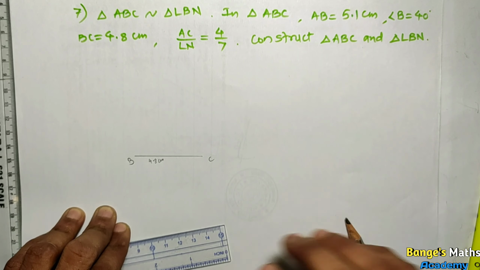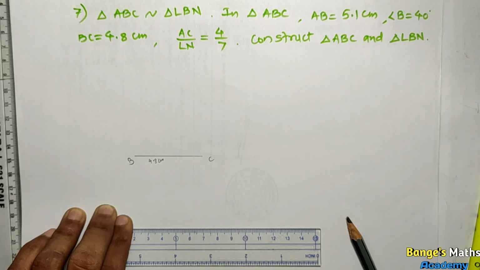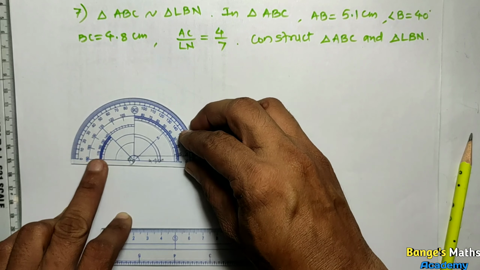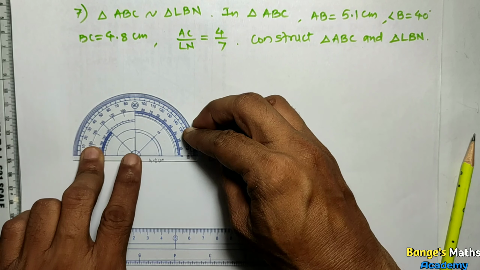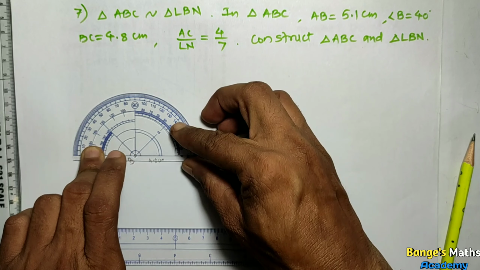Then angle B is given 40 degree. With the help of protractor at point B, construct an angle which measures 40 degree.